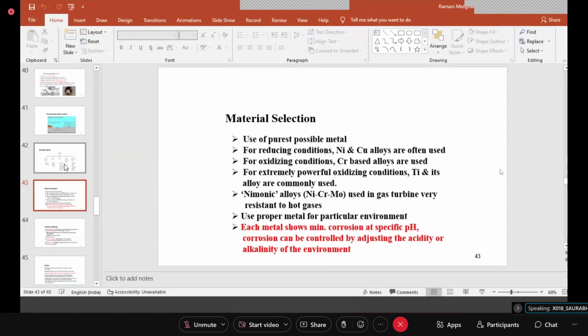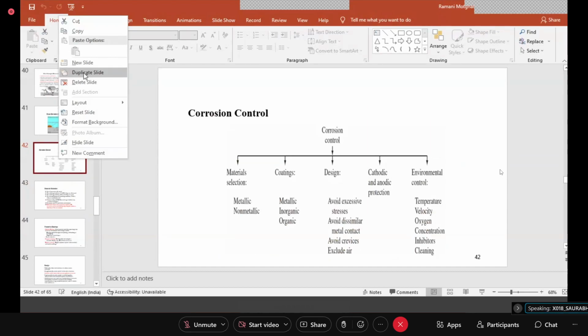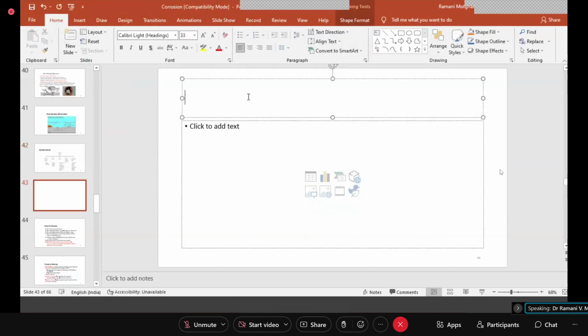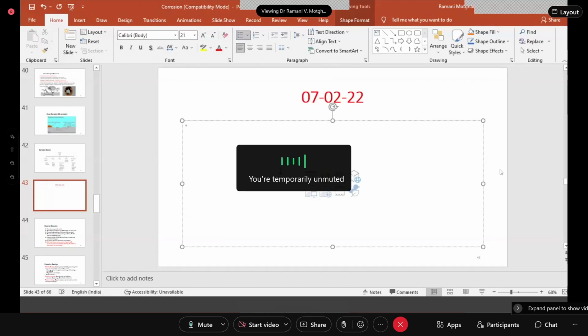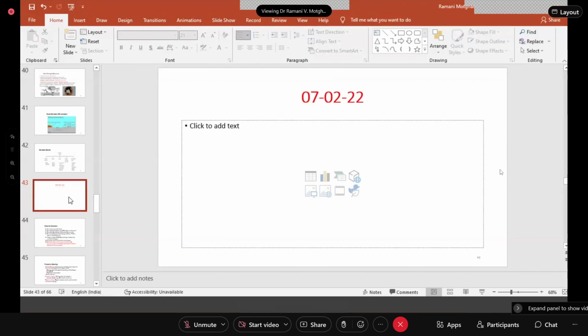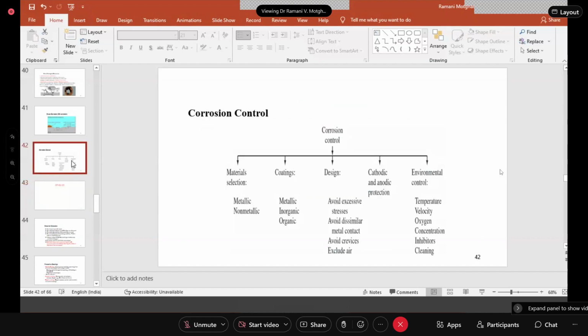Lab. Now, how many experiments have we completed? Monday will be 7th of February, right? How many experiments have you completed? Have you completed 8 experiments? Before sessional, 4 experiments. After sessional, 4 experiments. The first four you have already submitted.